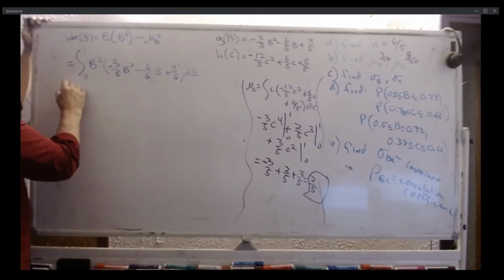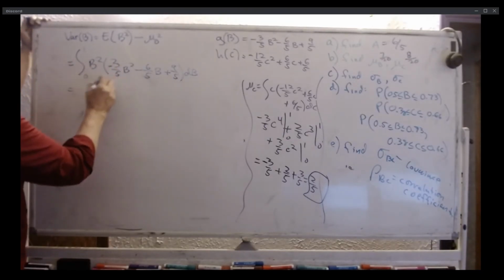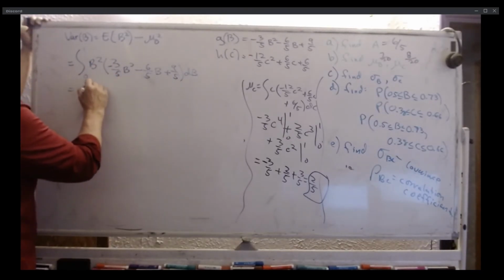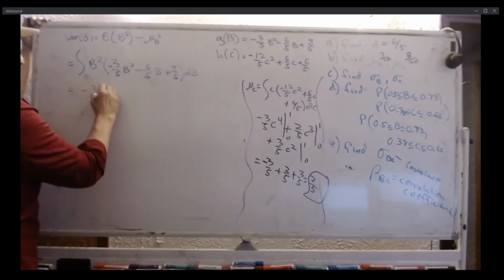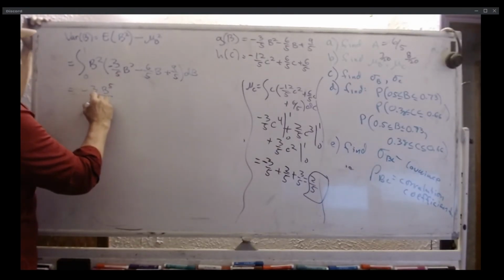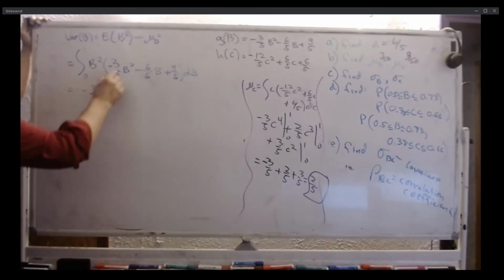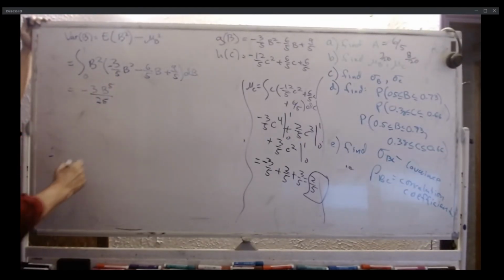If you multiply through by B squared, we have a B to the 4th. Integrate, you get B to the 5th, and downstairs we're going to have 25, if I'm not mistaken. Right? 5 times 5.